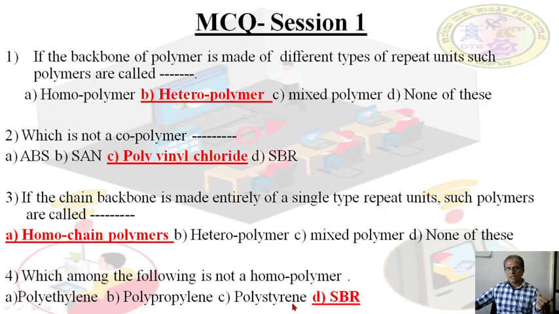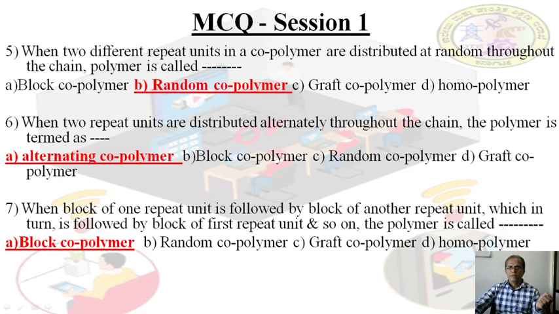Polystyrene is made from styrene monomer, and no other monomers except styrene take part in this polymer formation. Hence, A, B, C are homopolymers; SBR is not a homopolymer.